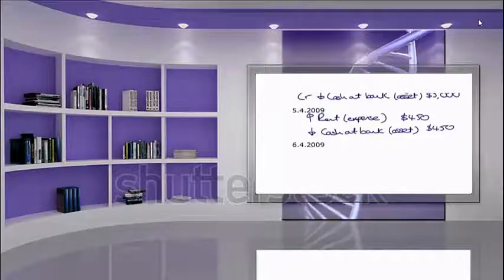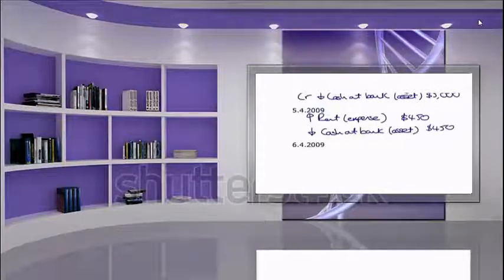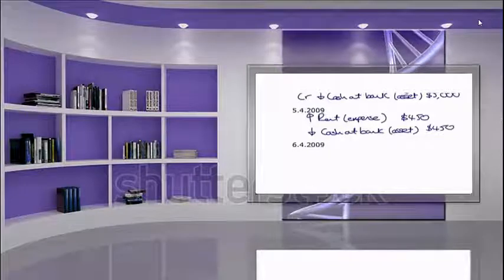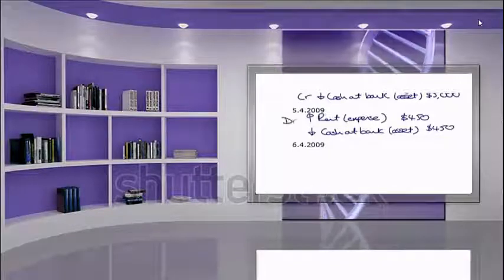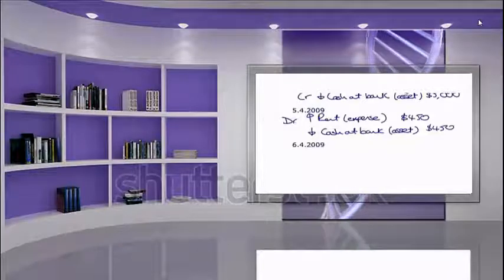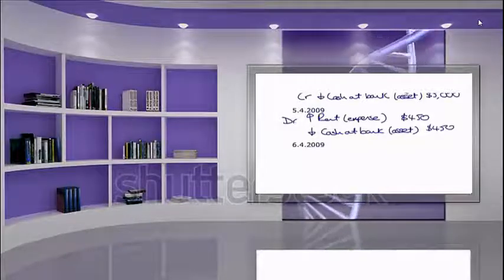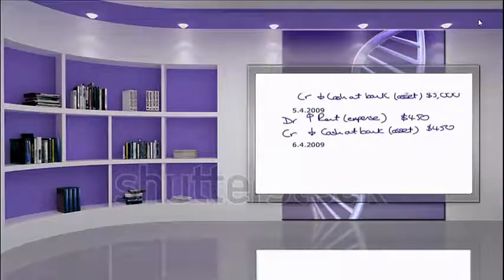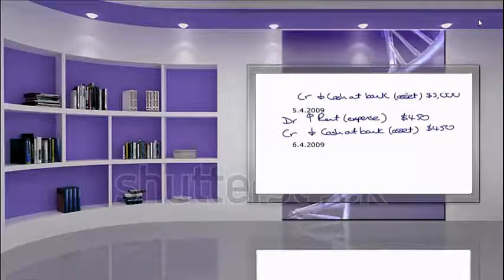Look at your DEAD CLIC mnemonic. Increase expense must be a debit. That's the E in DEAD CLIC. So we're going to debit the rent expense account with that increase in an expense, which means, of course, again, we're going to credit and reduce the cash at bank asset.